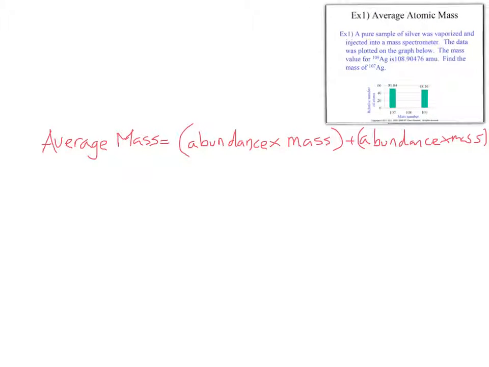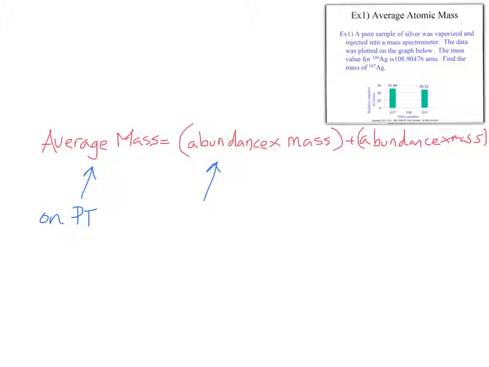That equation is that the average atomic mass is equal to the abundance of a particular isotope times its mass plus the abundance times the mass. So the average atomic mass, this is what you see on the periodic table. So that big long decimal that you see on the periodic table, that would be the number that goes right here, or that you calculate to go on the periodic table.